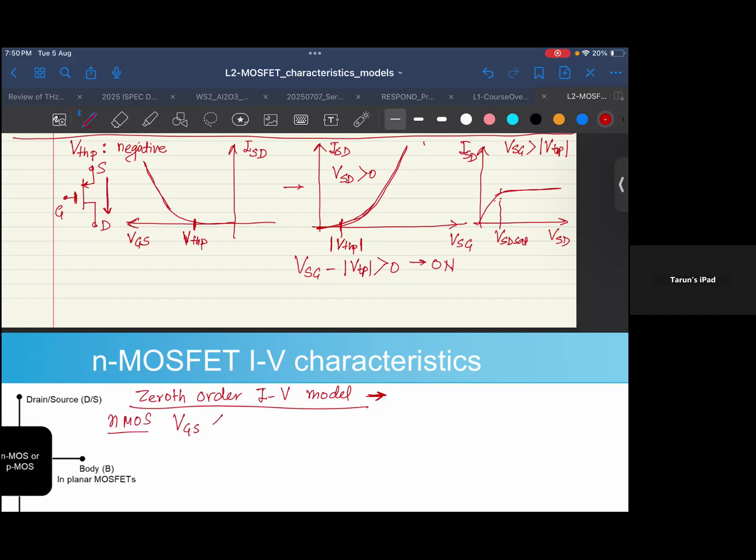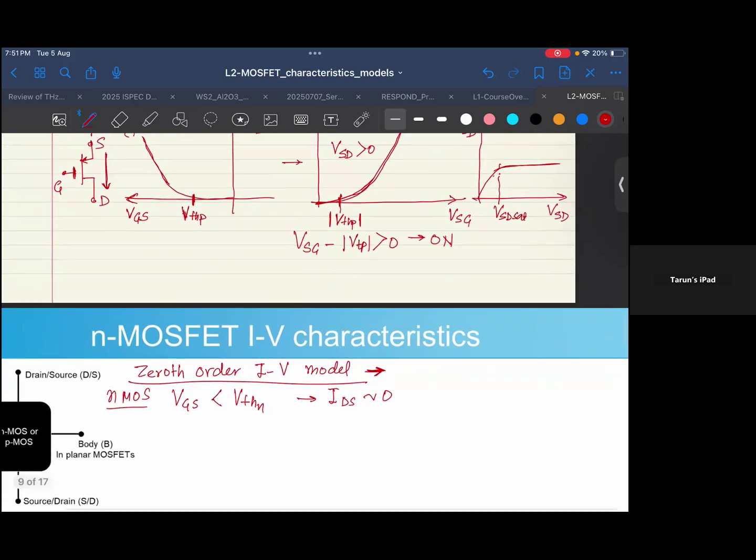When VGS is less than VTHN, that means my current is nearly 0. So there is no model needed, because your current is so small. You can check that easily with your PDK or the simulations that you would be doing in a few assignments, that your current is very small when it is below threshold, compared to the current when it is above threshold.